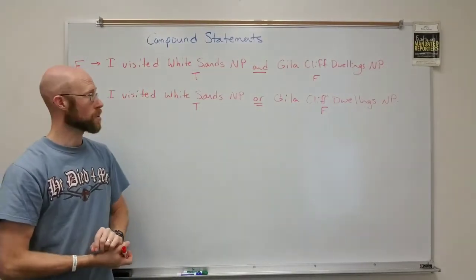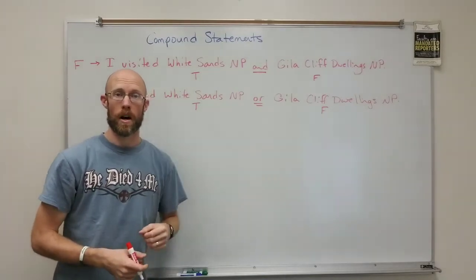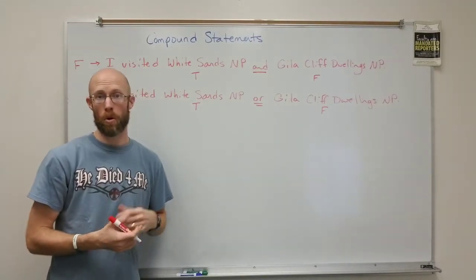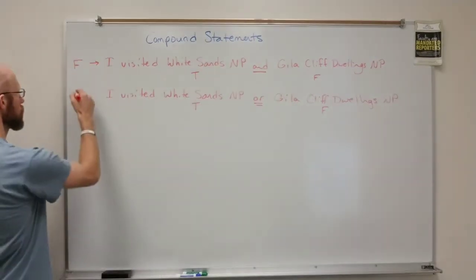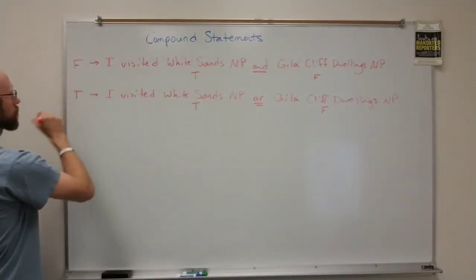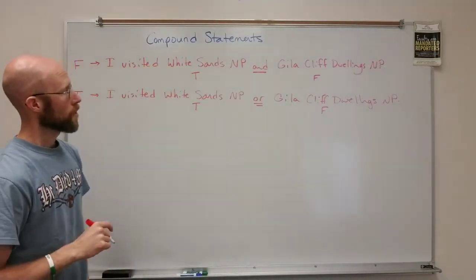A disjunction is true if one or the other simple statement is true, or both. It could be the case that both are true, and this would work out as well. So here the or statement is true.